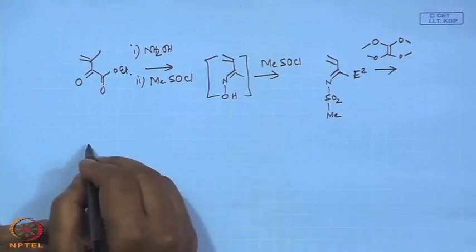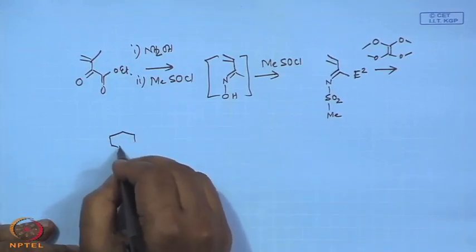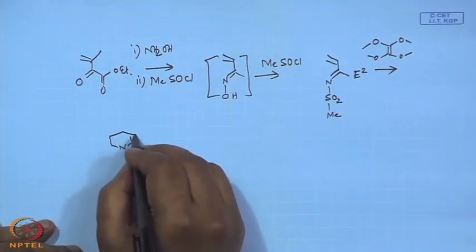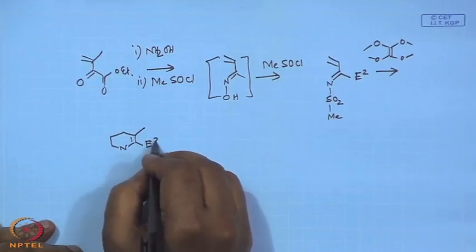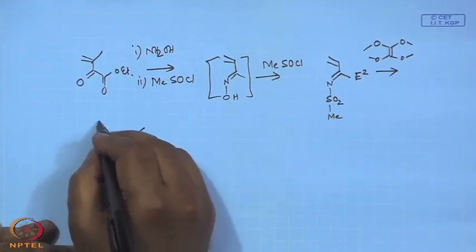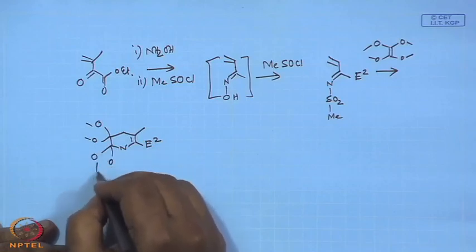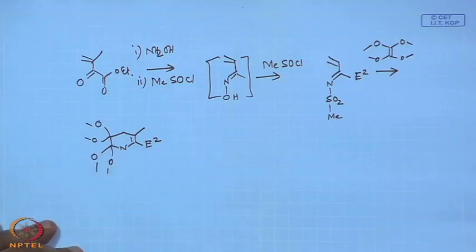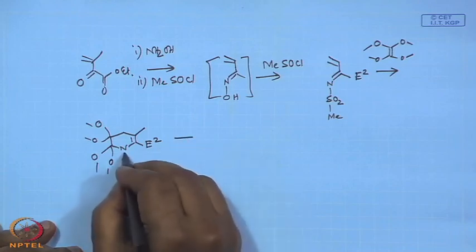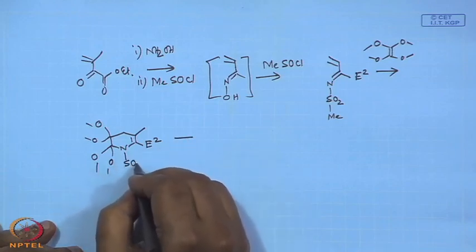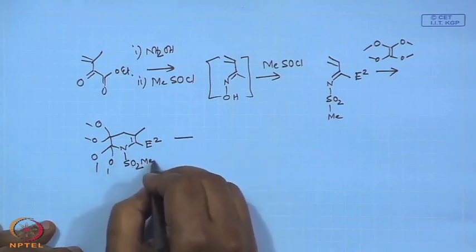One can guess Diels-Alder means a 6-membered ring. Then you will have all kinds of substituents here and there. Obviously, the purpose was a total synthesis. Then here you had this sulfone or sulfonamide part.